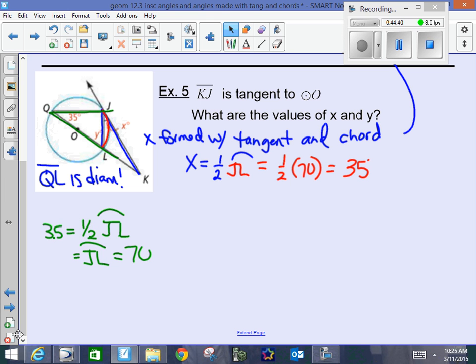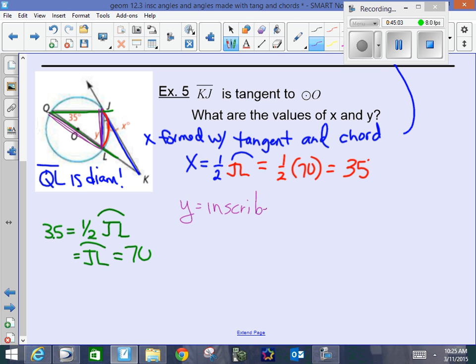All right, now I'm looking for Y. Let's see. I'm about out of color. Let's do purple. Okay. Y is this angle right here. Okay, what kind of an angle is Y? Inscribed angle again.